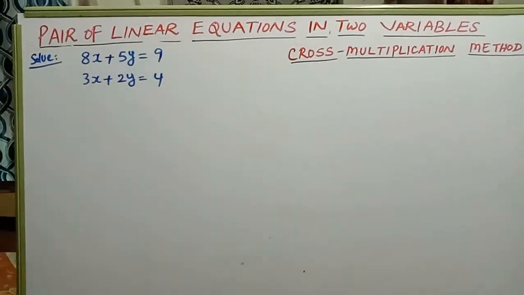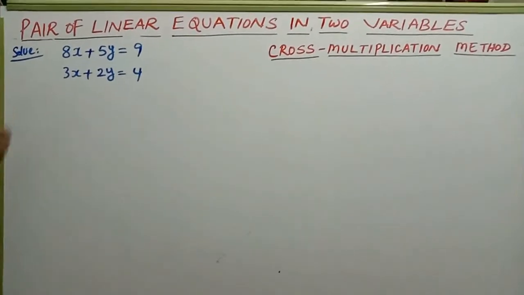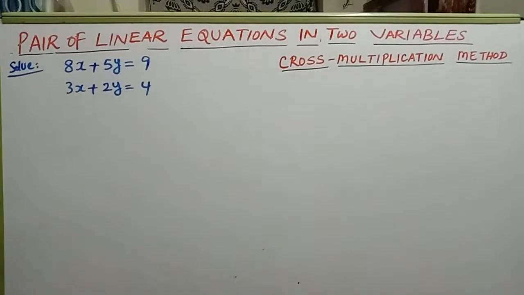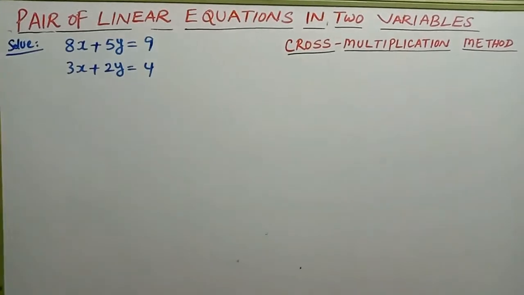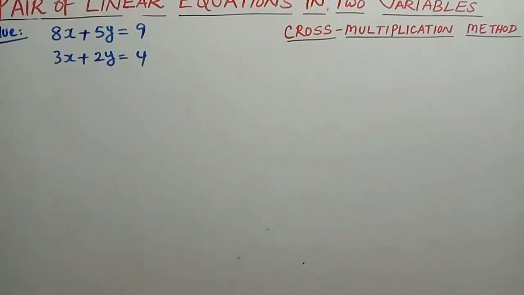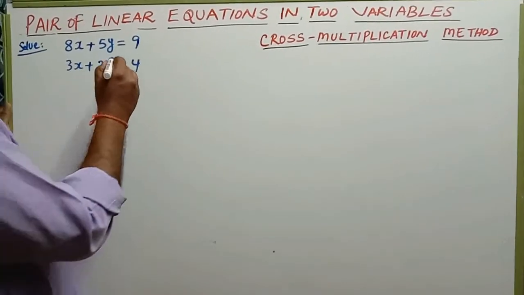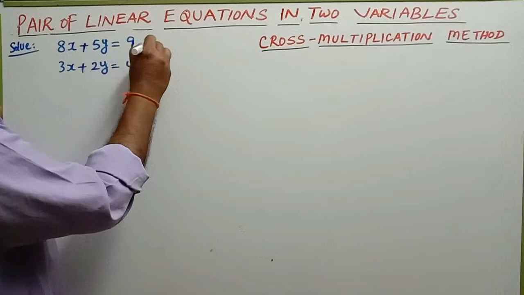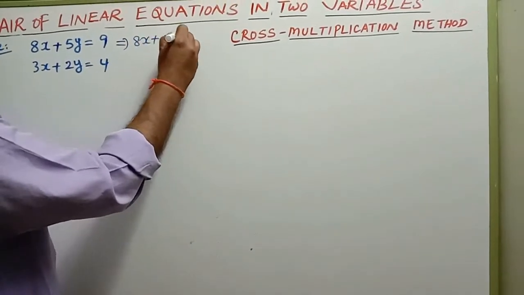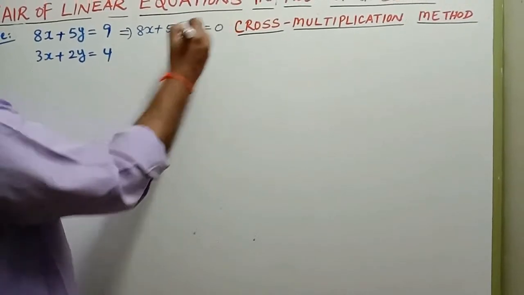Okay, one more sum. These are the given equations, but these equations are not in general form. Our method is definitely to write them in general form. Now, what is the general form of this equation? 8x plus 5y, this plus 9 will be transposed to minus 9 is equal to 0.